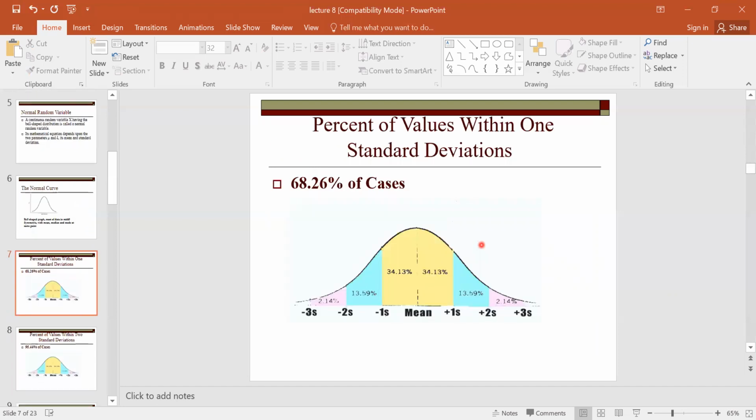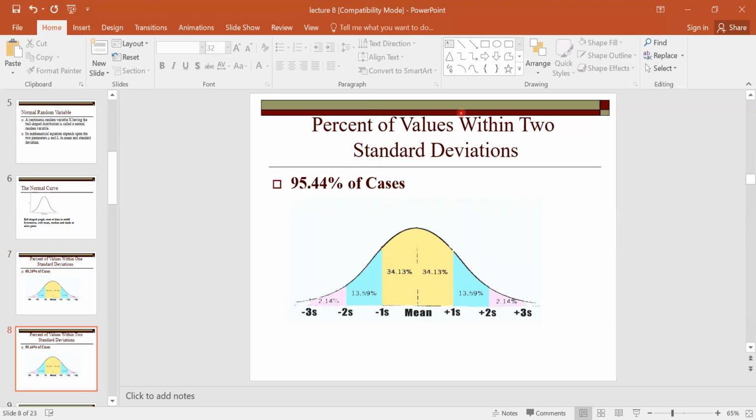If we divide this curve with different standard deviations or different sigma limits, we can see that minus 1 sigma to plus 1 sigma covers 68.26% of cases. Like this is minus 1 sigma and this is plus 1 sigma. Between this yellow portion, 68.26% of the area is covered. And when we talk about the minus plus 2 sigma limits, this blue to blue covers 95.44% of the cases.